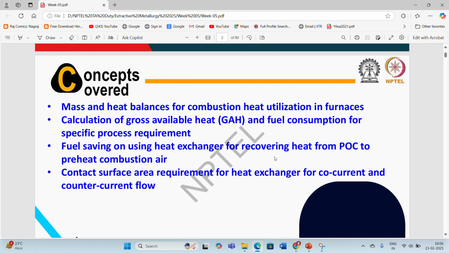Before these lectures, we have learned about different types of fuel used in the metallurgical operations like coking coal, petroleum, and how to characterize them with the help of proximate analysis or ultimate analysis, or how to calculate the GCV or NCV net calorific values of those particular fuels, and how to mass balance those fuels, that how much amount of fuel we are going to require in the particular operation, and how much flue gases we are going to get due to the burning or consumption of that particular fuel.